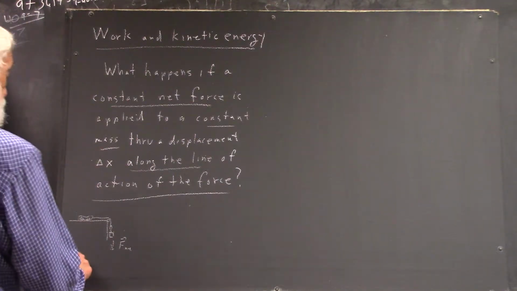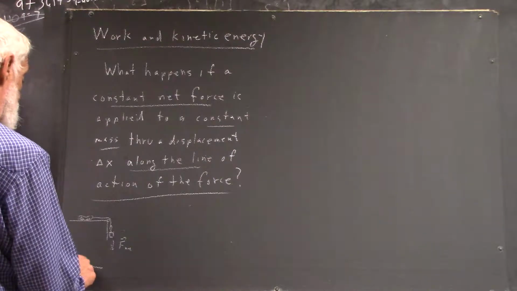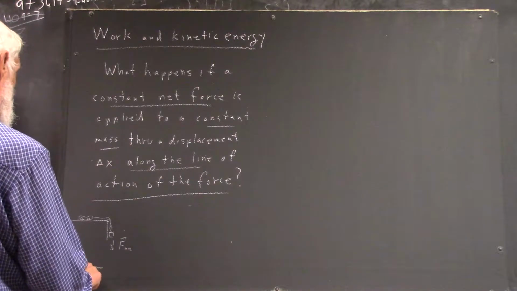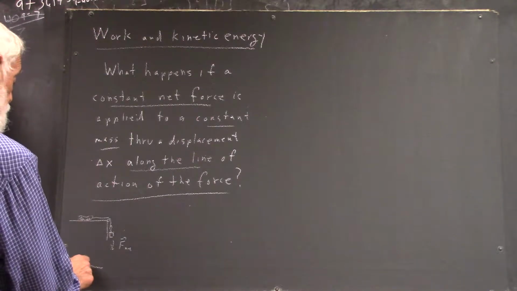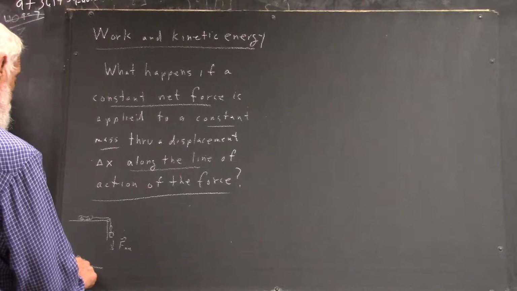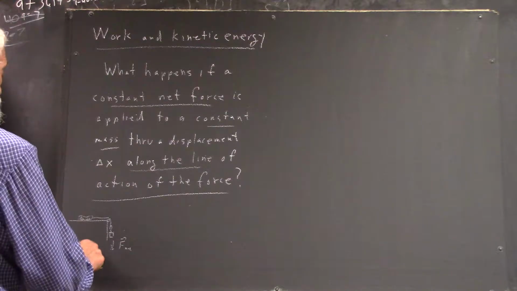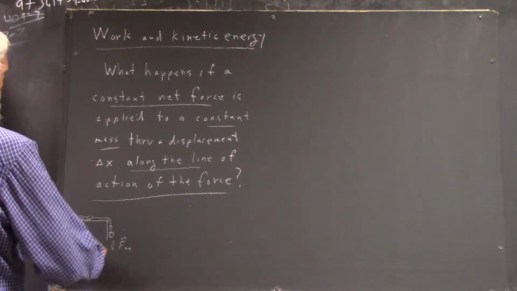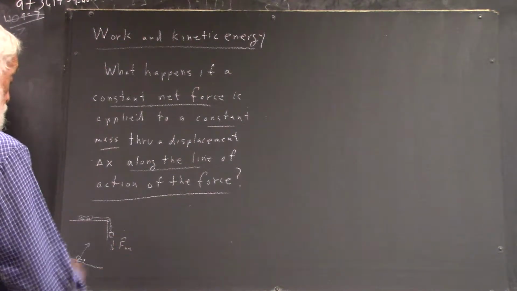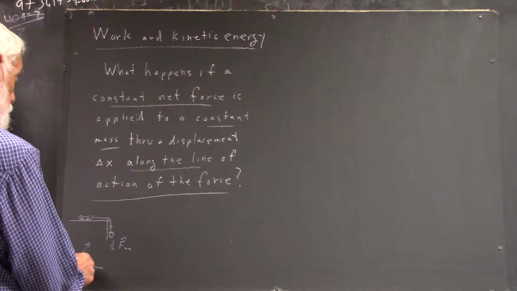Then we've also observed a ball rolling down an incline. You have the gravitational force, which resolves into components parallel and perpendicular to the axis, and a normal force equal and opposite to this component. And these forces are equal and opposite, so they contribute nothing to the net force.